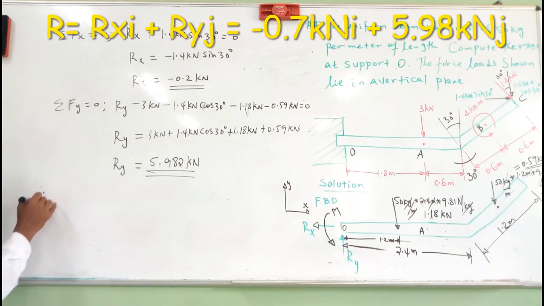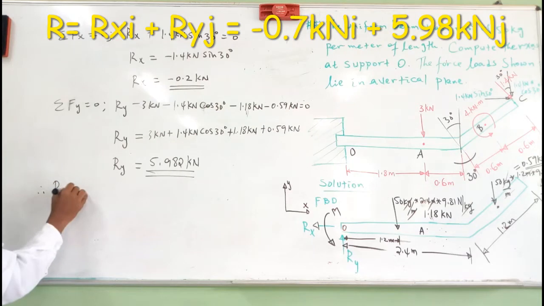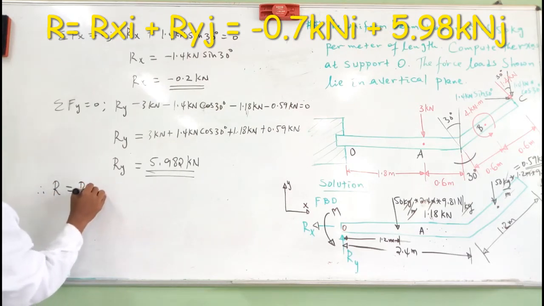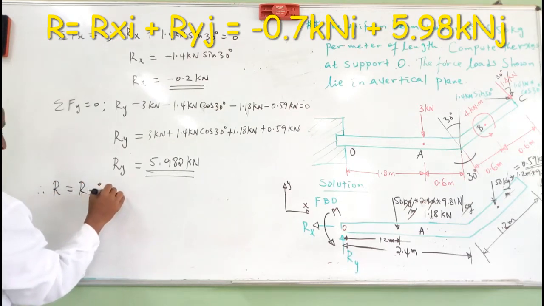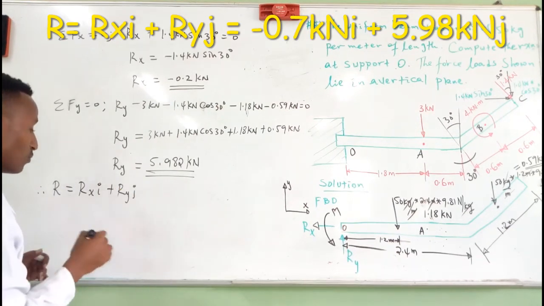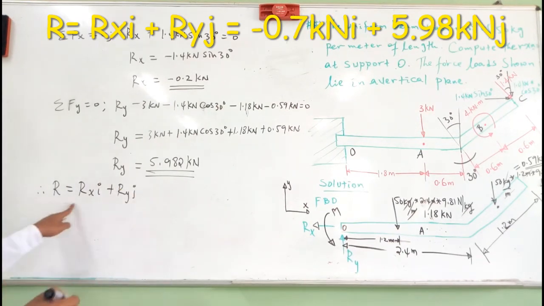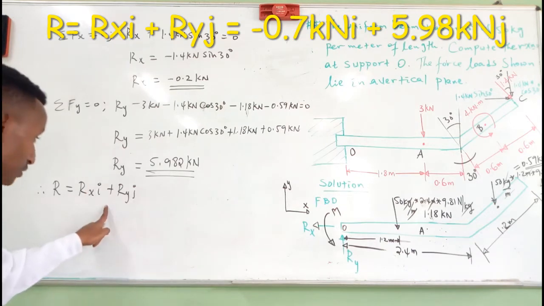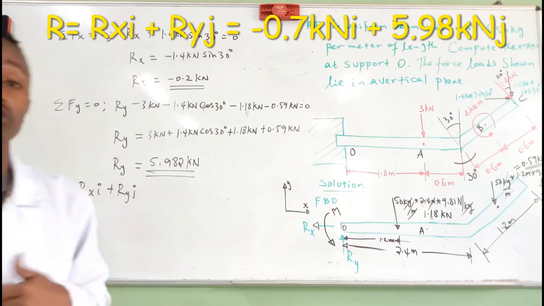So when we write the reaction force in vector form, it becomes R is equal to Rx in i direction plus Ry in j direction.